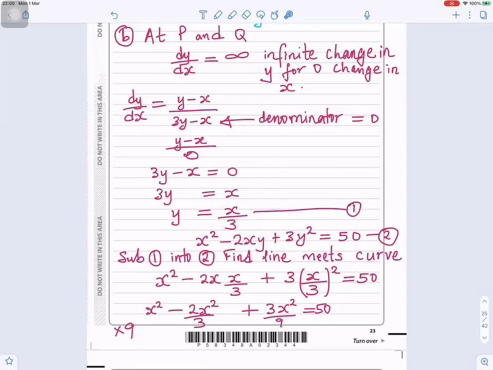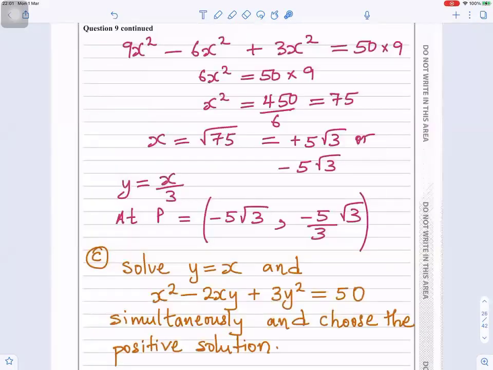And we can multiply all of them by 9, so that we get rid of the 3 and 9. So you times this by 9, times by 9, times by 9, times by 9. So you would end up with this expression, and you would minus 6x squared plus 3x squared will give you minus 6x squared is equal to 50 times 9.